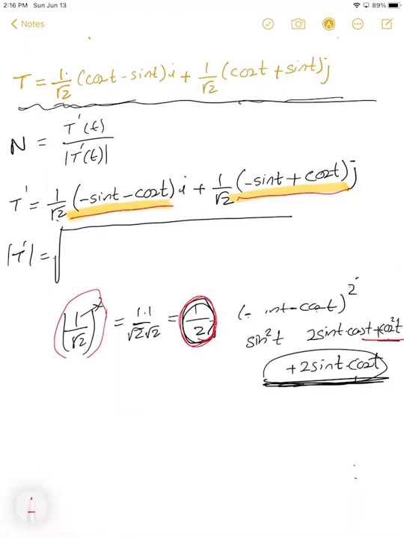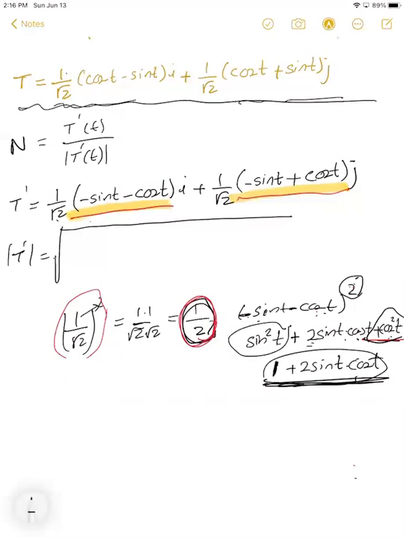So that gives us 1/2. Then I have minus sine of t minus cosine of t to the power 2. So it's going to give me sine squared. Negative times negative is positive, 2 times sine times cosine. Cosine to the power 2 is cosine squared. Then I add sine squared and cosine squared, that gives me 1.